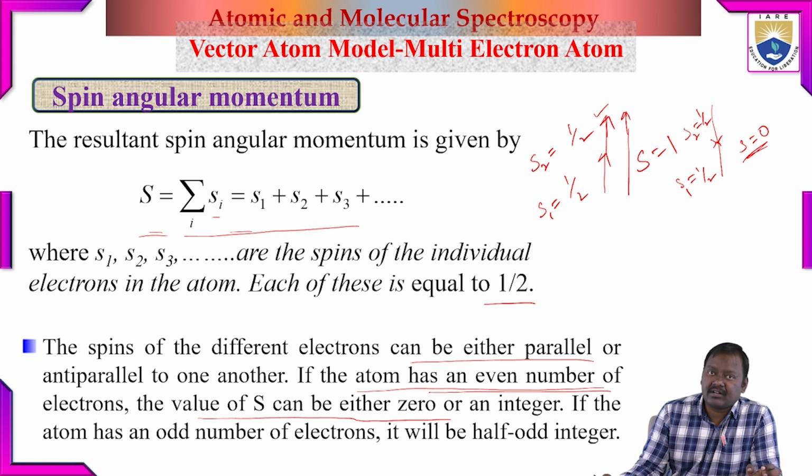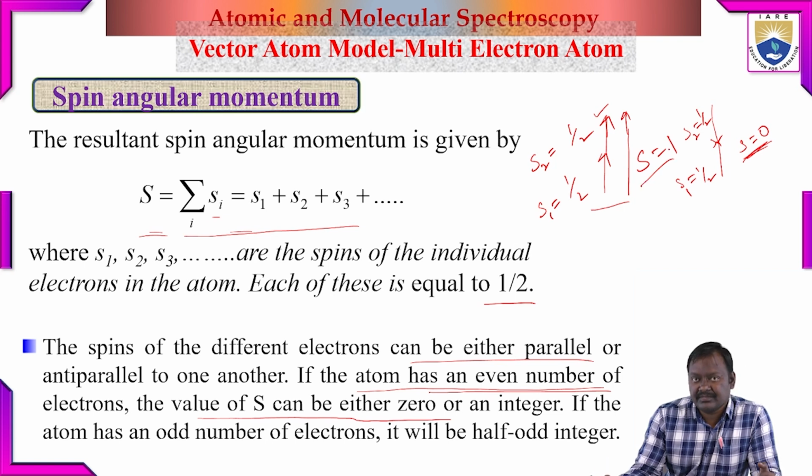If there are two electrons, one upside and the second one downside, the total spin quantum number is equal to 0. And if the two electrons are in the same direction, having the same orientation, same spin, then the total spin quantum number is equal to 1.